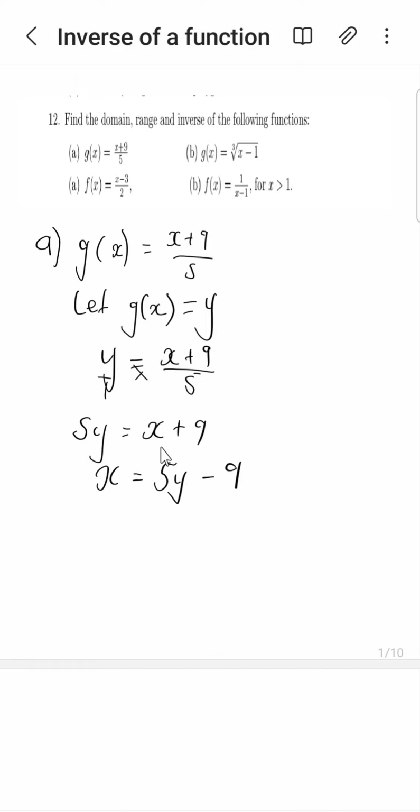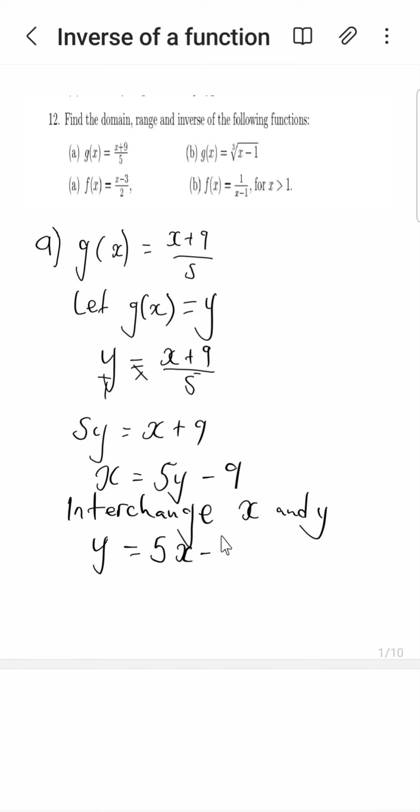So when you reach here, you interchange x and y. So we're going to have y equals 5x minus 9. What I just did is interchange x and y. Where we had x, we put y, and where we had y, we put x.